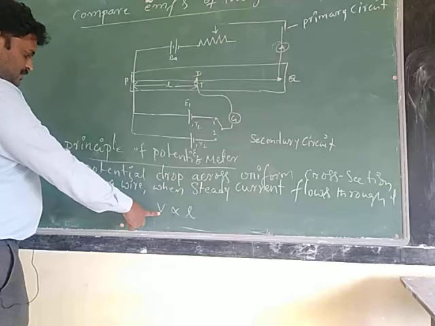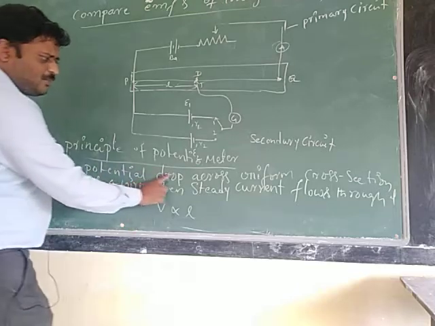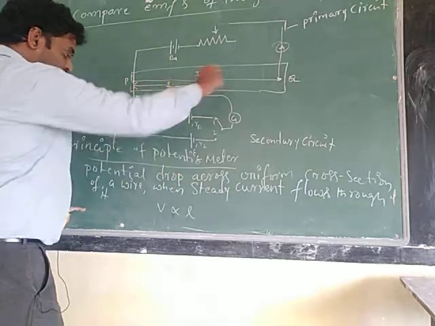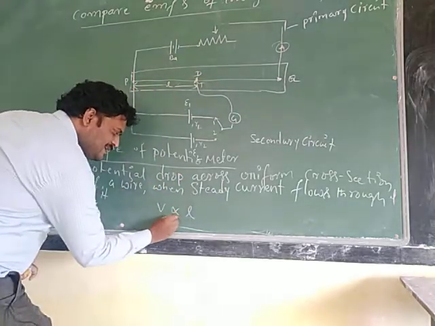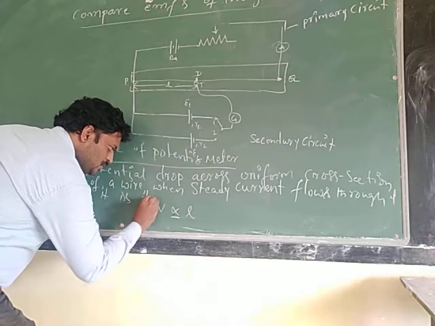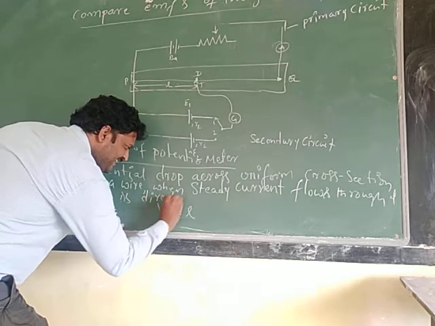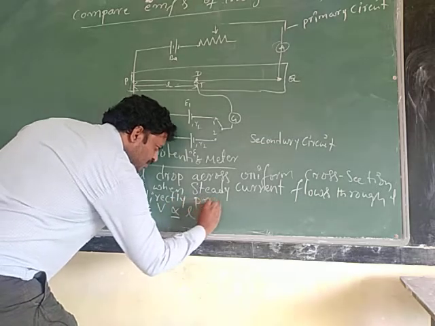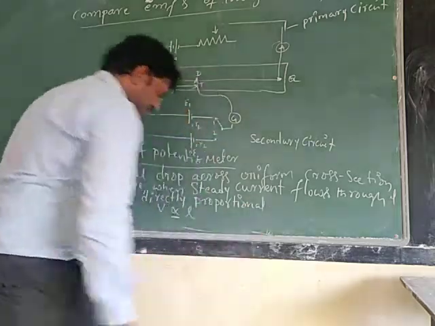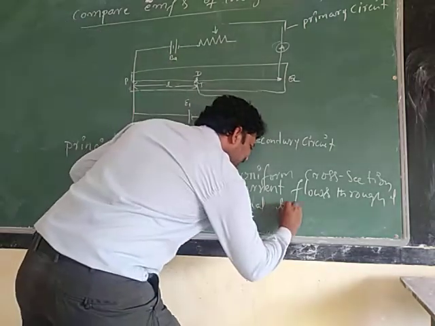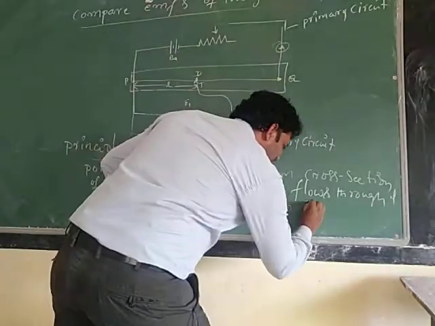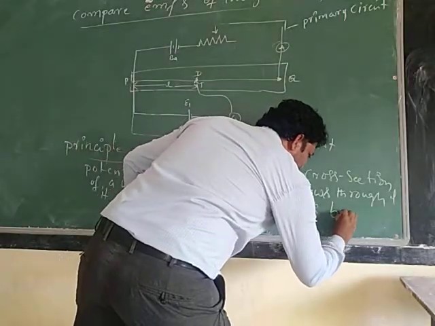V is nothing but the potential drop across the uniform cross section of the wire when steady current flows through it. It is directly proportional to its balancing length.